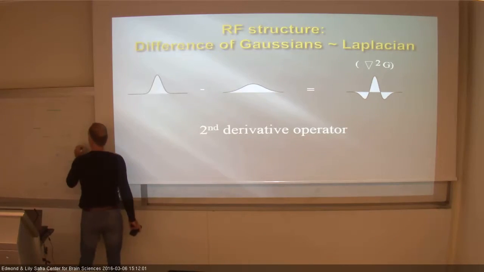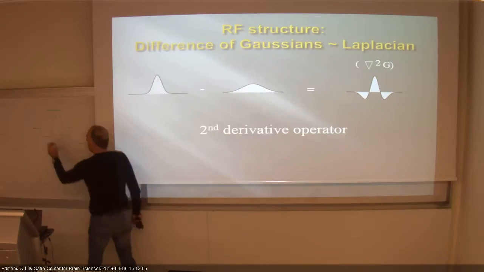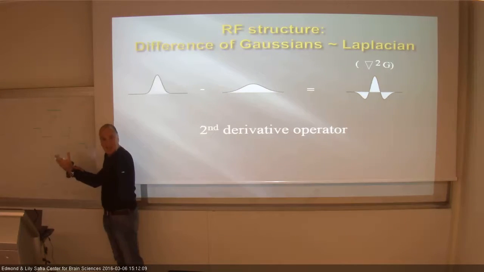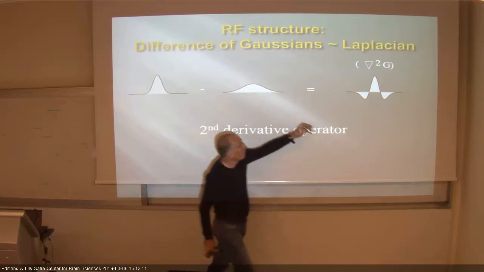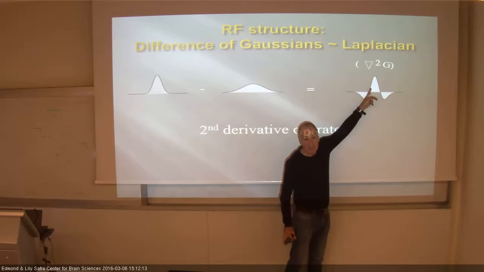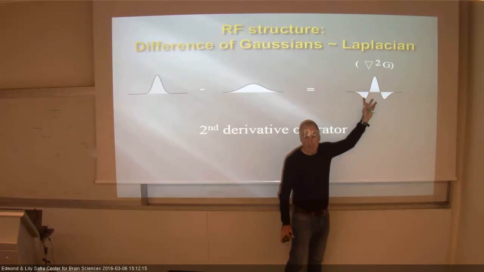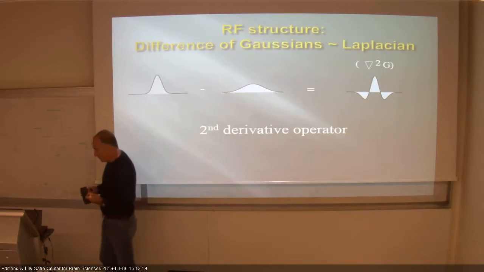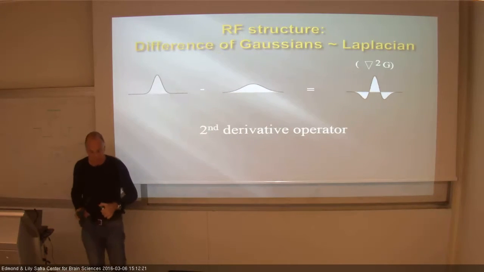Again, this is x. You give a positive value to something in the center and negative values to something at the surround, exactly as we see here. And that is what we call a second derivative operator.